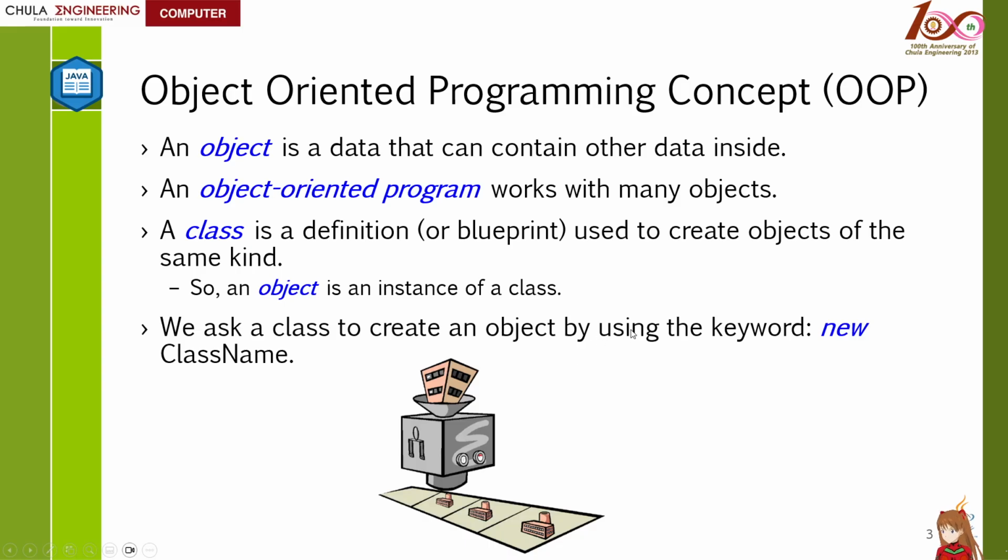So, we define a class, and then later we create one or more objects defined by that class. Right? And you will see how we create an object by using the keyword new and calling a constructor.